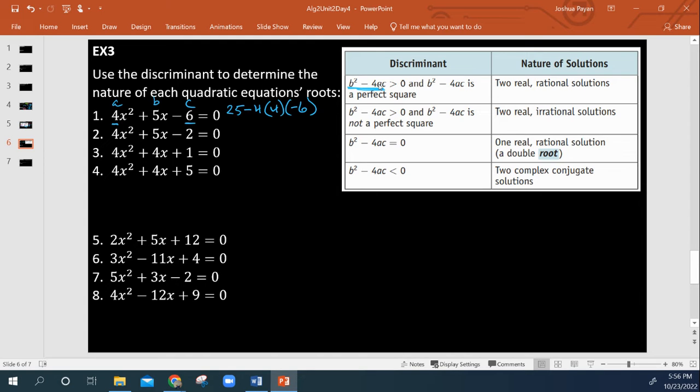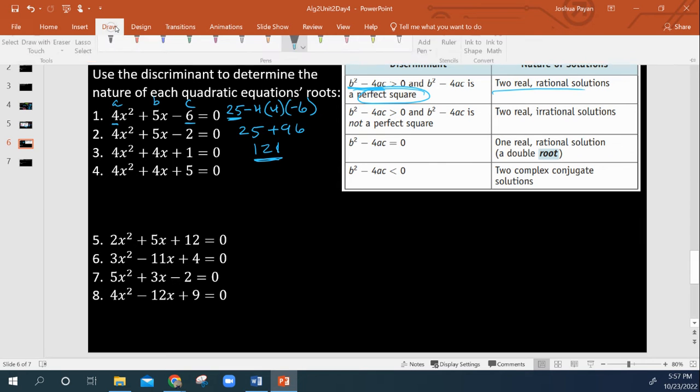Okay, so we're going to end up with 25 plus, it's going to be plus because there's going to be two negatives, so 16 times 6. Okay, so that plus 25 gives us 121. So this is a perfect square, right? Meaning it's going to have two real rational solutions.